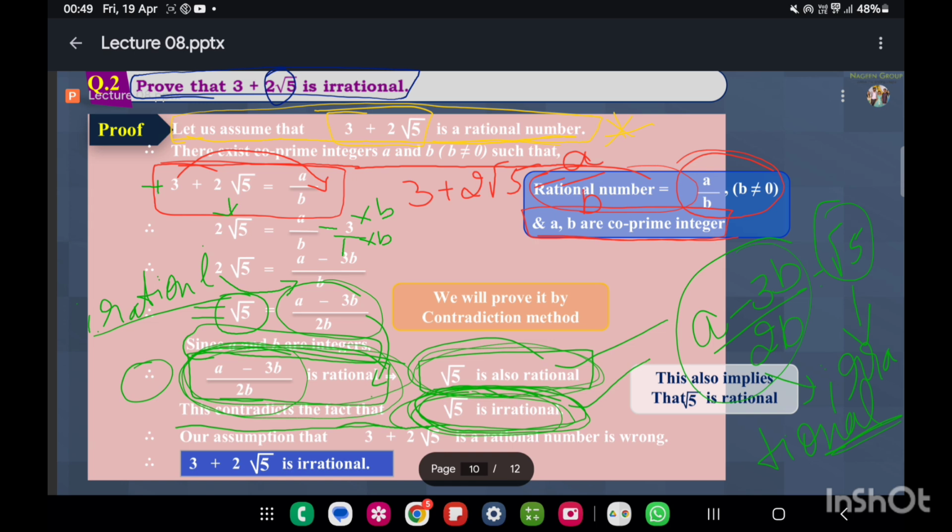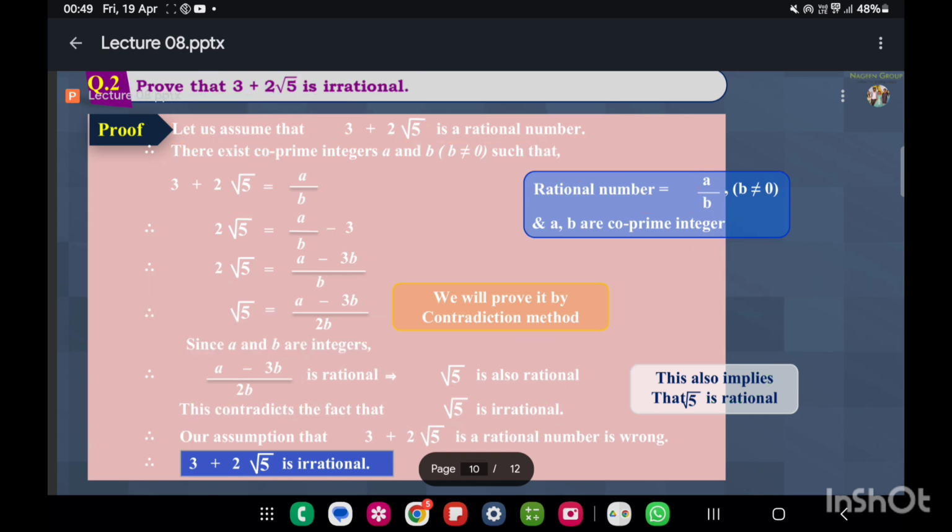So our assumption that 3 plus 2 root 5 is a rational number is wrong. Here 3 plus 2 root 5 is not a rational number. We can say that 3 plus 2 root 5 is irrational.